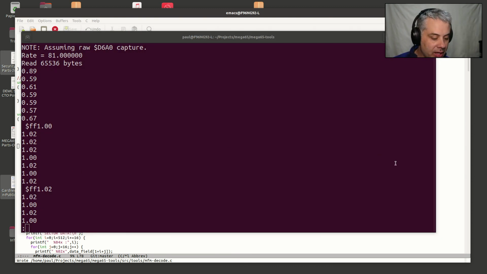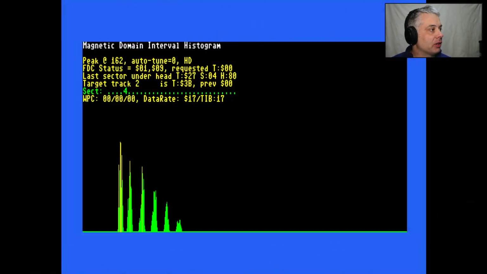Hey, Deathy, welcome along as well. Maurice MEGA65 saying, the graphs that you showed earlier, what do they indicate, especially the yellow-red spikes? Okay, so if we hop back over to there, this is the one you're talking about, right? This is a histogram of how long the gaps are between the magnetic inversions on the floppy.